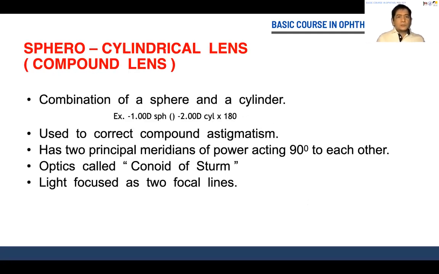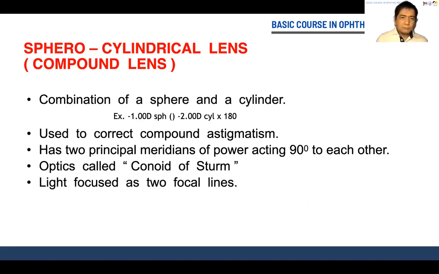Okay, so a spherocylindrical lens is also known as a compound lens. When you say a compound lens, it is a combination of both a sphere and a cylinder. So an example is a prescription of a myopic astigmatism, which has a 1 diopter spherical component and a -2 diopter cylindrical component.